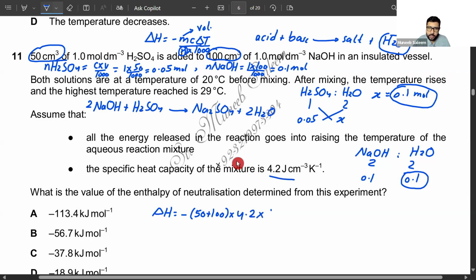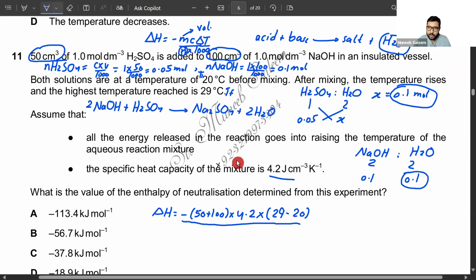And delta T is Tf minus Ti. So Tf is 29 degrees centigrade and Ti is 20 degrees centigrade. So 29 minus 20 is the temperature change, divided by moles, into 1000.